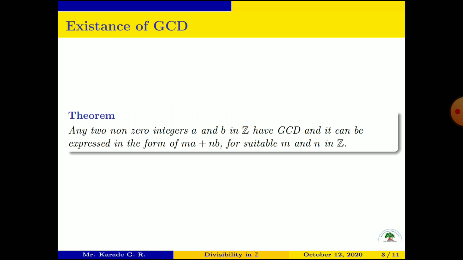Okay, so let us see. The theorem is: any two non-zero integers a and b in Z have a GCD, and it can be expressed in the form of ma plus nb for suitable m and n in Z. The meaning of this theorem is that if I take any two integers, then these two integers have a greatest common divisor, and we can express this greatest common divisor as a linear combination of a and b, for suitable integers m and n, in the form ma plus nb.